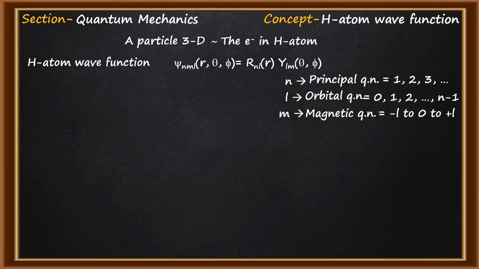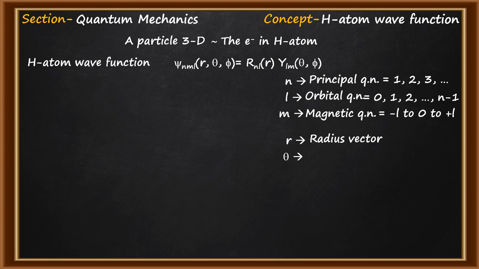Now, this wave function is given in terms of spherical polar coordinates, that is r, theta and phi. Here r is the radius vector, which is the distance from the origin to the particle location.